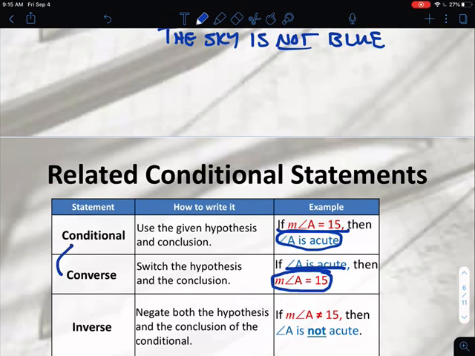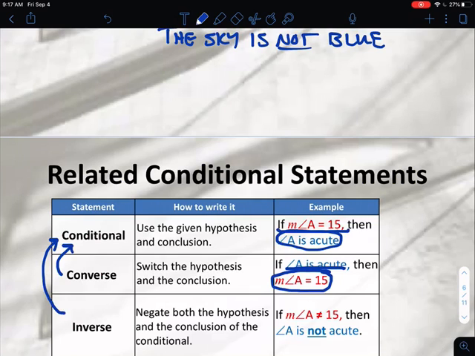The inverse takes the original, so converse comes back to conditional. Inverse also comes all the way back to the conditional, and what it's going to do is negate. It's going to add the word not or take the word not out of both parts of the statement, and it's important that you make sure it goes to both parts.